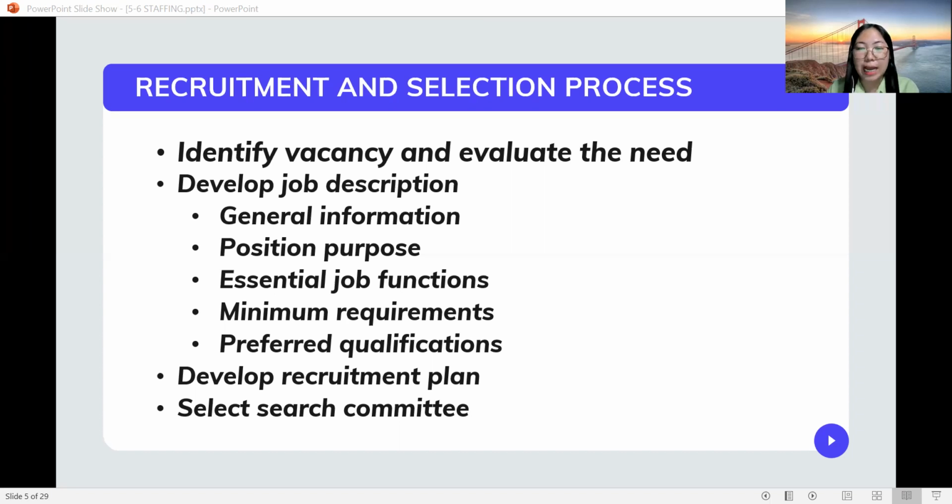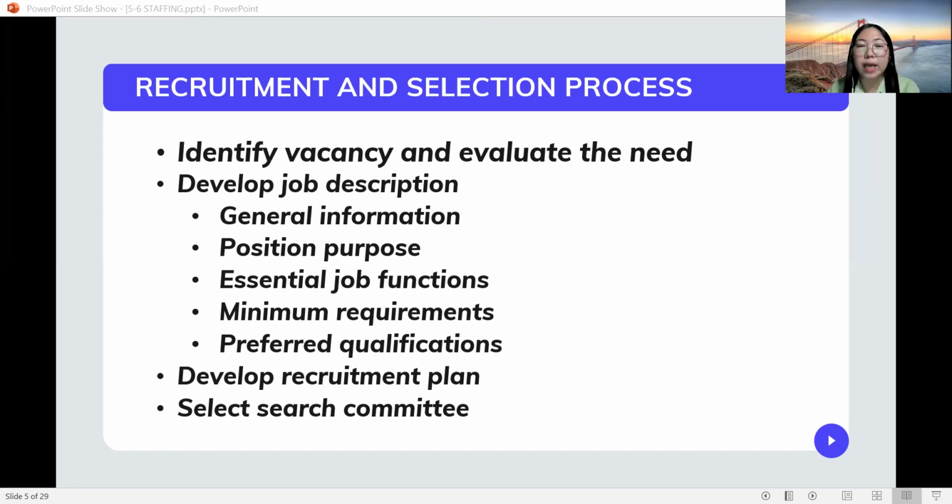Preferred qualification is the last under the developed job description. These are the skills and experience preferred in addition to basic requirements, and this can be used to narrow down the pool of applicants. Because if we only base on the basic qualification requirements for this certain position, almost all of our applicants could be accepted. So they develop another qualification which is aligned with our basic requirements for the certain position.